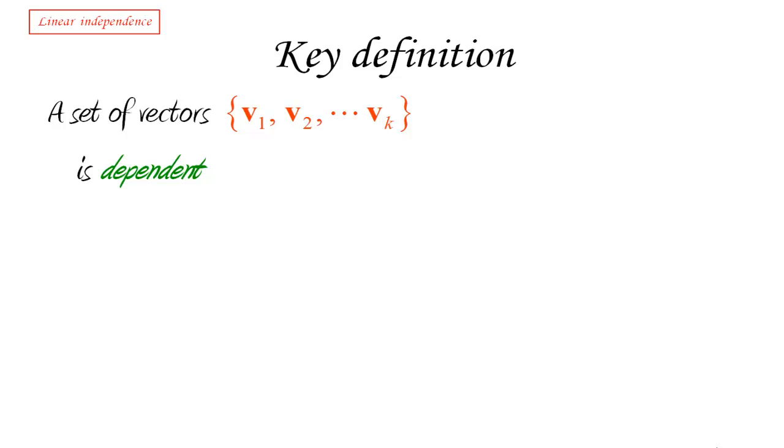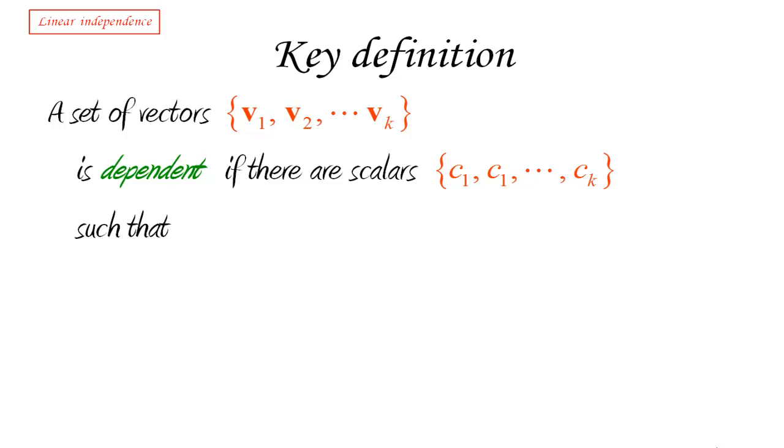And you might wonder, well, are we talking about independence or dependence? Well, the two are strictly related, as you can imagine, and it's easier to begin by telling you, first of all, what we mean by a dependent set. Well, this set is dependent if there's a set of scalars, c1, c2, ..., ck, same number of scalars as we had vectors, such that two things happen.